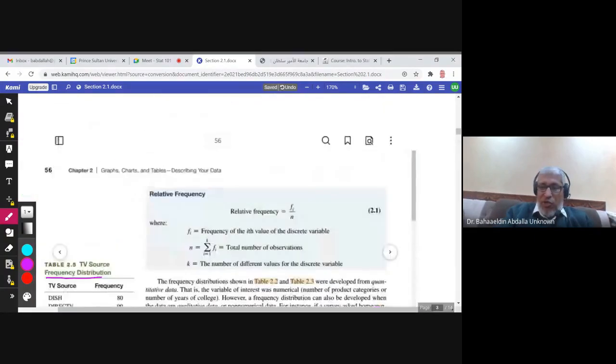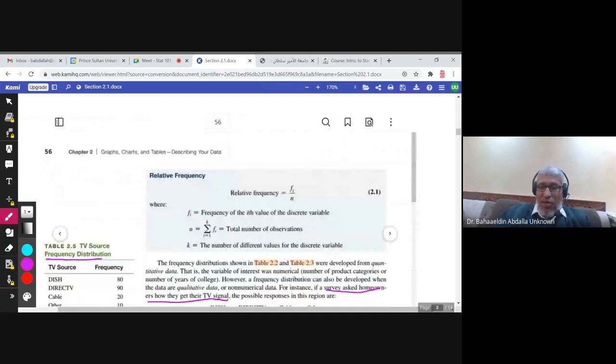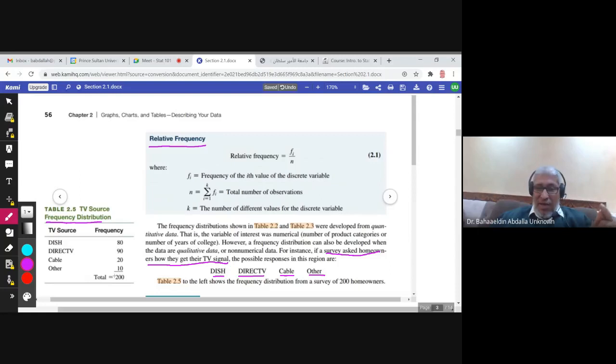Now let us go to one thing before the frequency distribution for continuous data. Before we talk about it, let us define what we mean by relative frequency. He can ask you in the question, construct a frequency distribution. A frequency distribution is like this, in which you see the frequency.